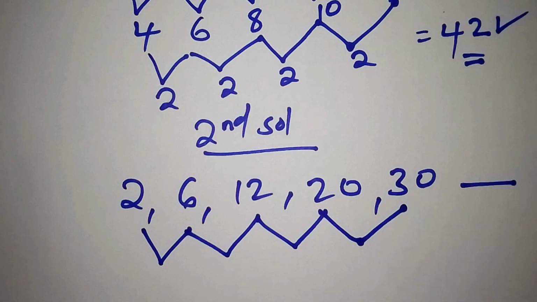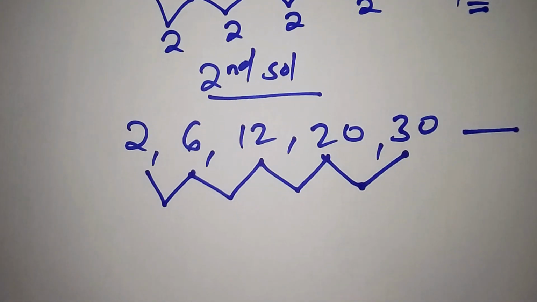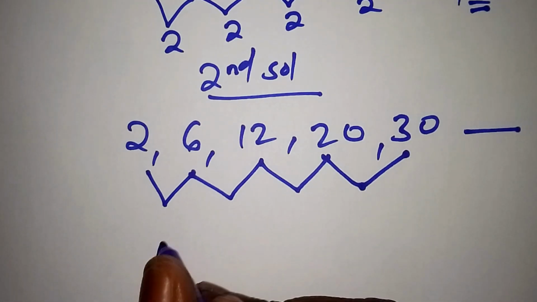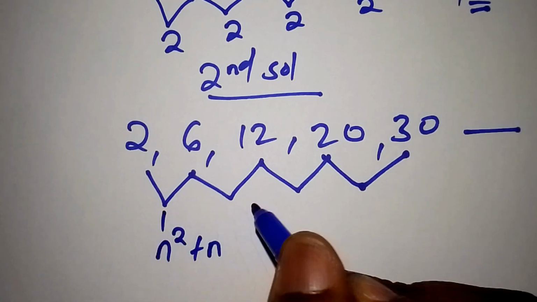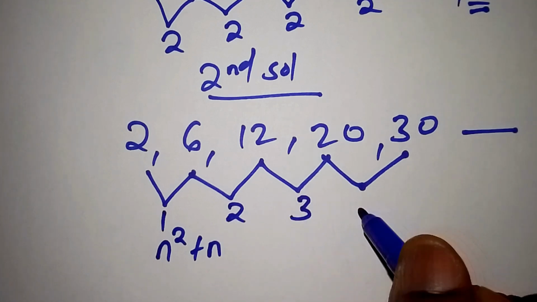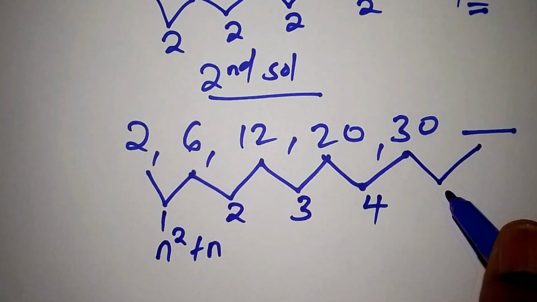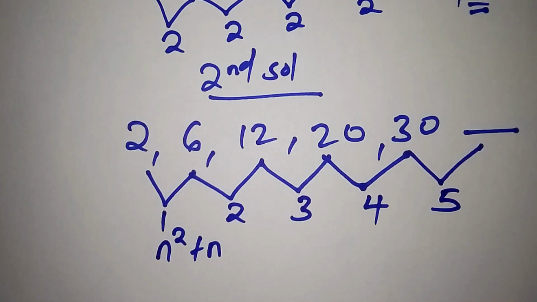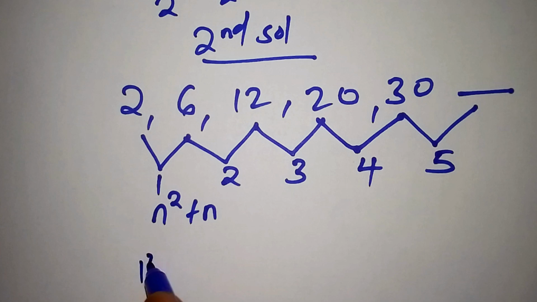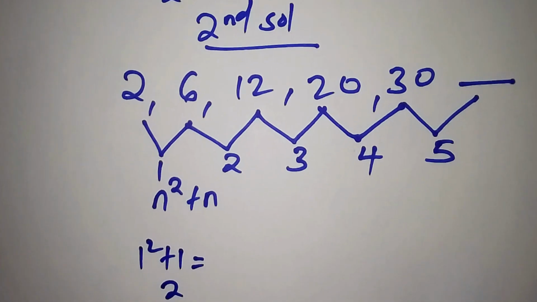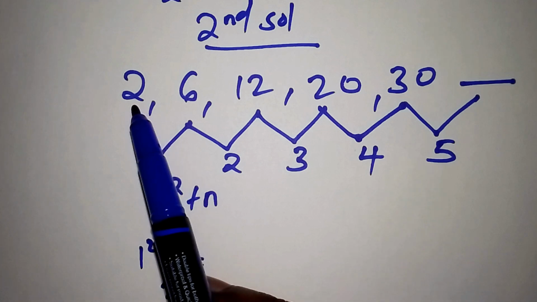The last number can be found using this formula, that is n squared plus n. So here we shall assume 1, 2, 3, 4, then lastly 5. So 1 squared plus 1 is 2. That's why we have this 2.